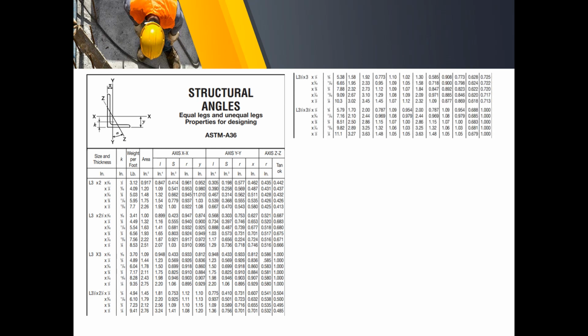So we just search for our section, L3.5 by 3.5 by 3/8. On the fourth column of the cross-section table, we have 2.5 square inches.